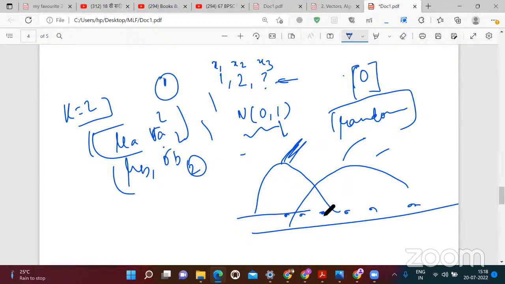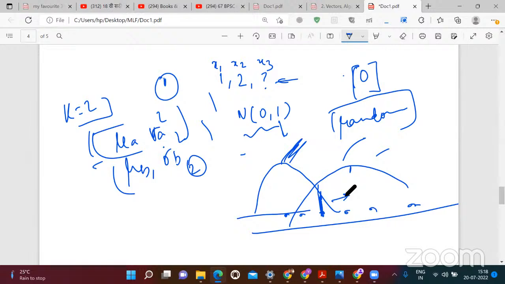For example, I took one data point and calculated the cluster responsibility, in the form of probability. The probability of this data point going into cluster A is this much, and the probability of it going into cluster B is this much. You can see that the probability for the second case is much higher than that of the earlier one.